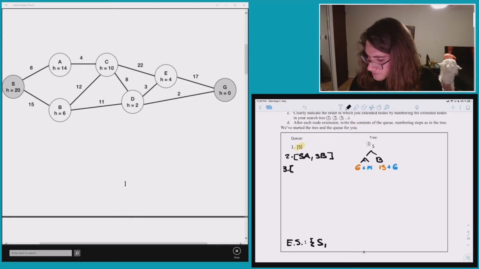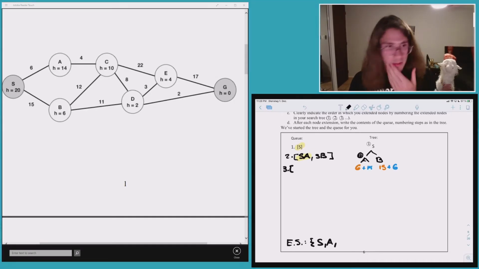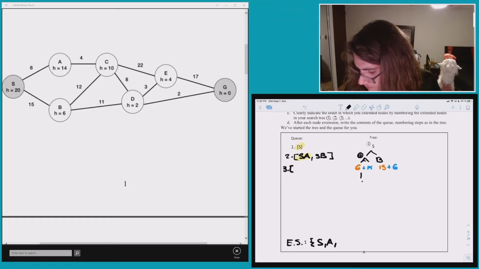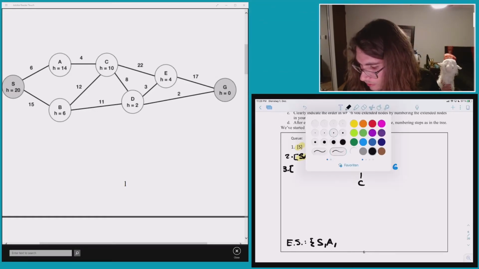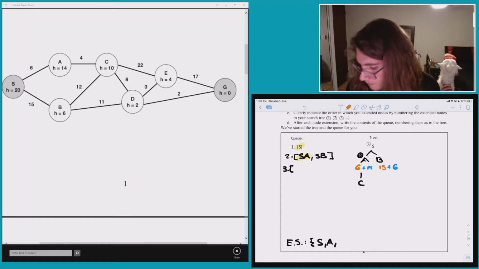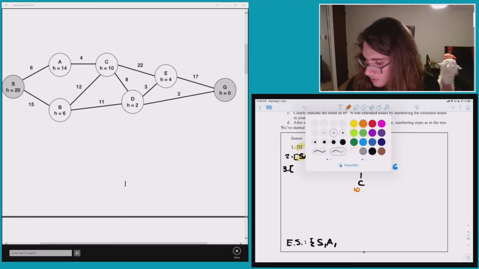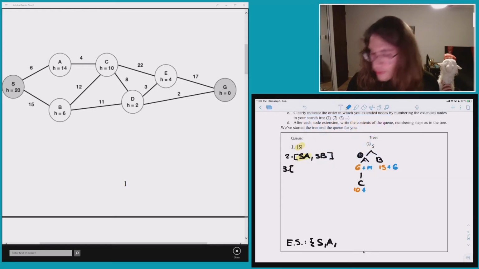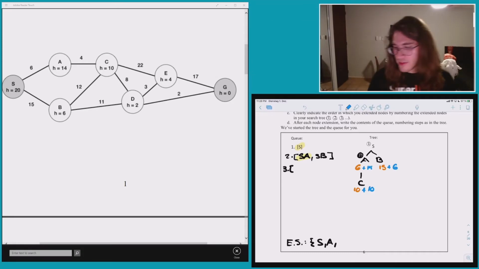Number 3. I first have to pop SA off the queue. So number 2, I add it to my extended set, and I expand. SA goes to C, as earlier, and now I get the running path length by adding the previous path length of 6 to the new one, 4. So this is 10. But now I only consider the heuristic distance of C. So this is 10 plus 10 for exactly 20 again.